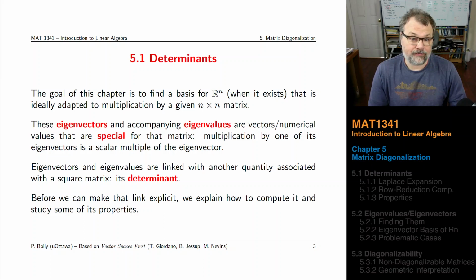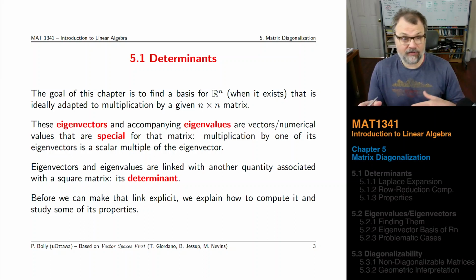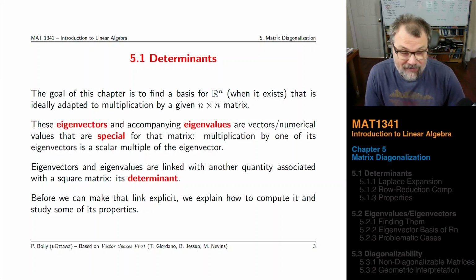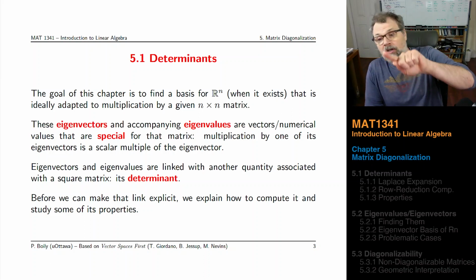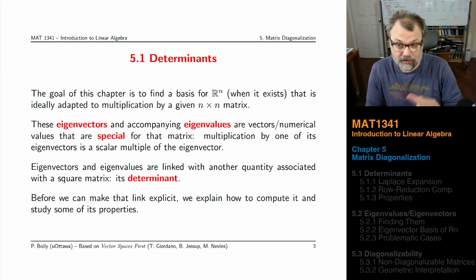At any rate, whenever you found these special values and these special vectors for the matrix, it turns out that multiplying a matrix by the eigenvector will be the same thing as just doing a scalar multiple of the eigenvector. Eigenvectors, eigenvalues are also linked to a very important quantity associated with square matrices, the determinant. And the determinant is also linked to the matrix's invertibility.